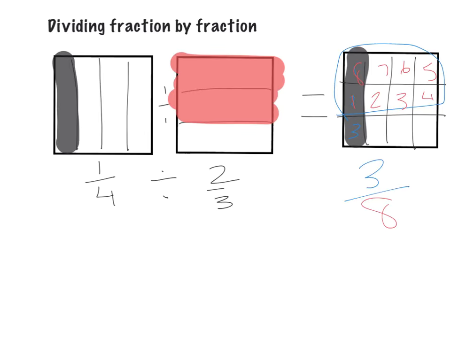If I were to represent this in just an equation, because maybe a model was not available, my first fraction stays the same, 1/4. I do the reciprocal of 2/3 to make it 3/2. Do the opposite of division, I multiply. 3 times 1 is 3, 4 times 2 is 8, and I get 3/8. It's always compared to the whole.